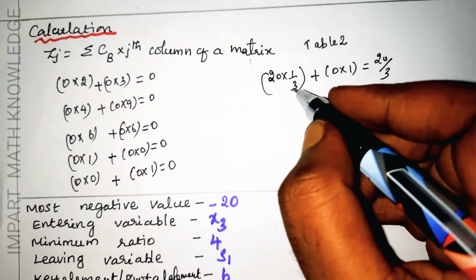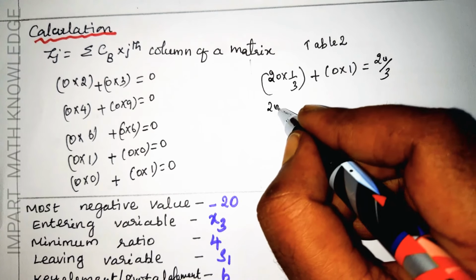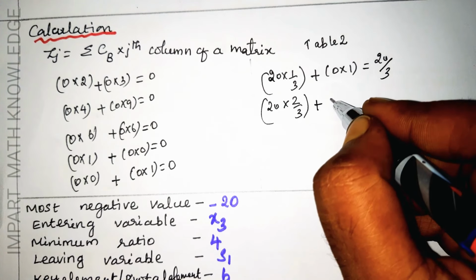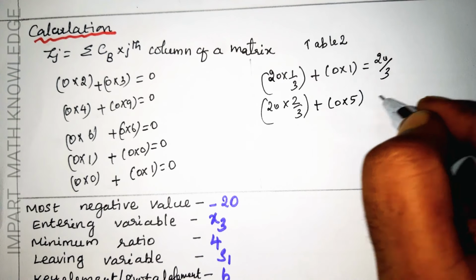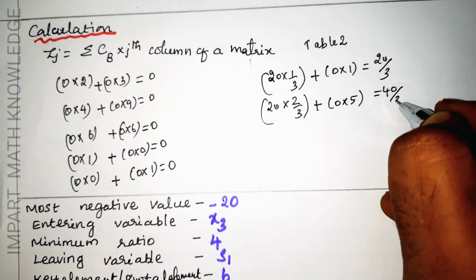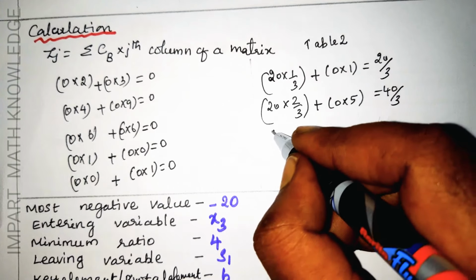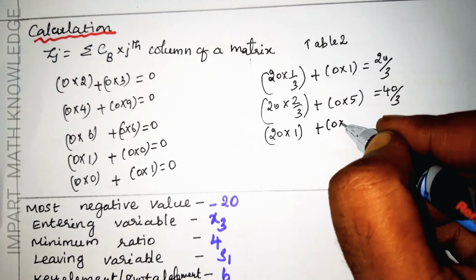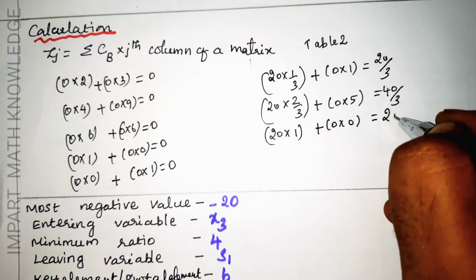The second one is 20 into 2 by 3 plus 0 into 5, that is 40 by 3. The next one is 20 into 1 plus 0 into 0, that is 20.